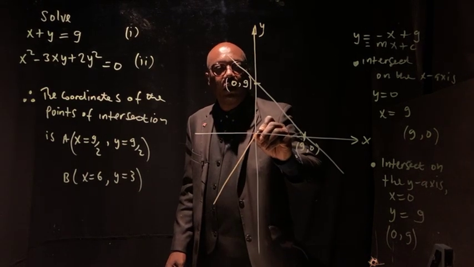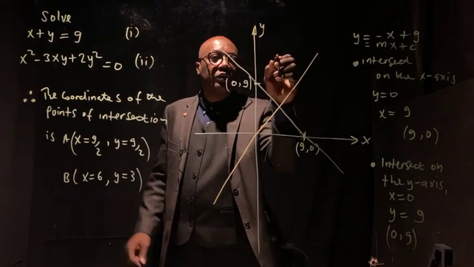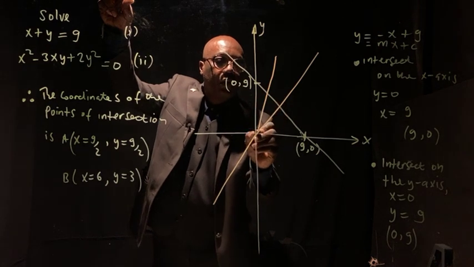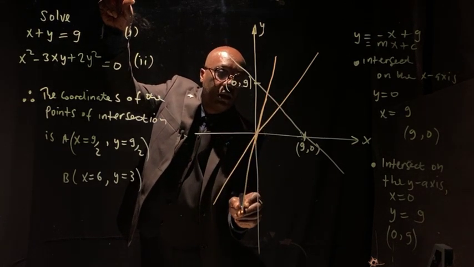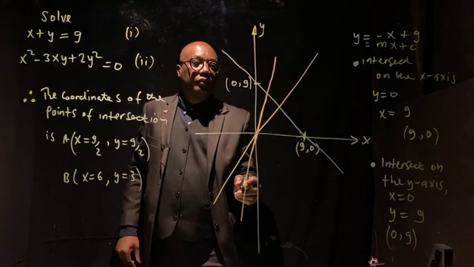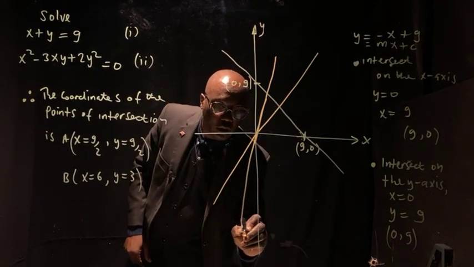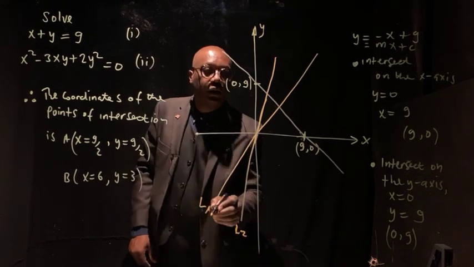It goes this way, and it goes this way as well, passing through the origin. This one is L2, line 2, and this one is line 1.